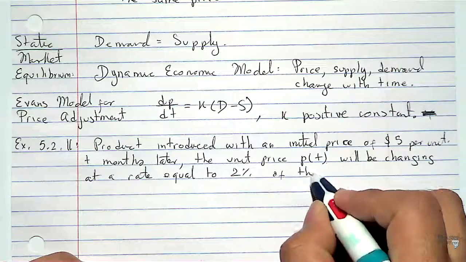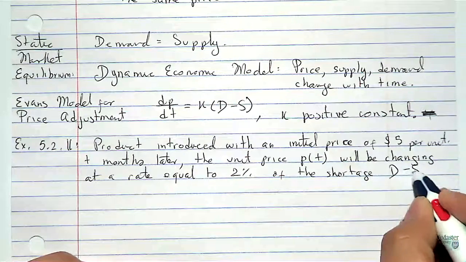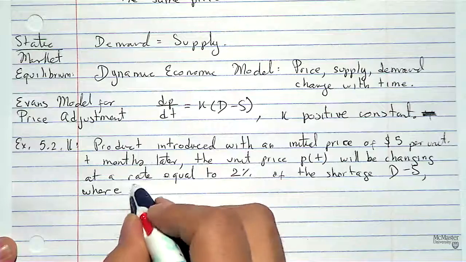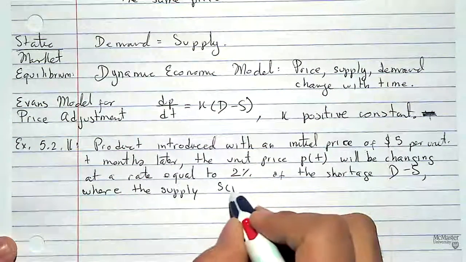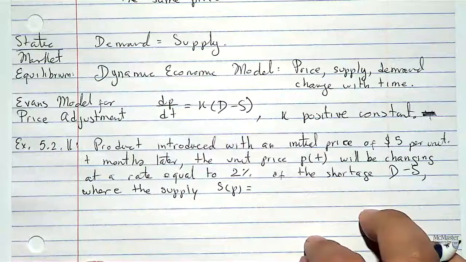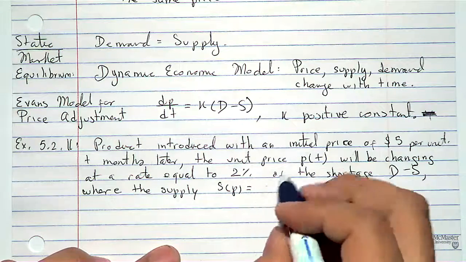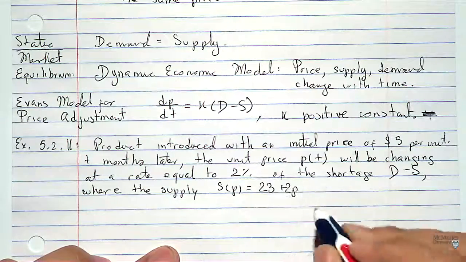of the shortage, which is D minus S, where the supply S of P, you're given the form of the function of supply as a function of the price, which is 23 plus 2P actually.